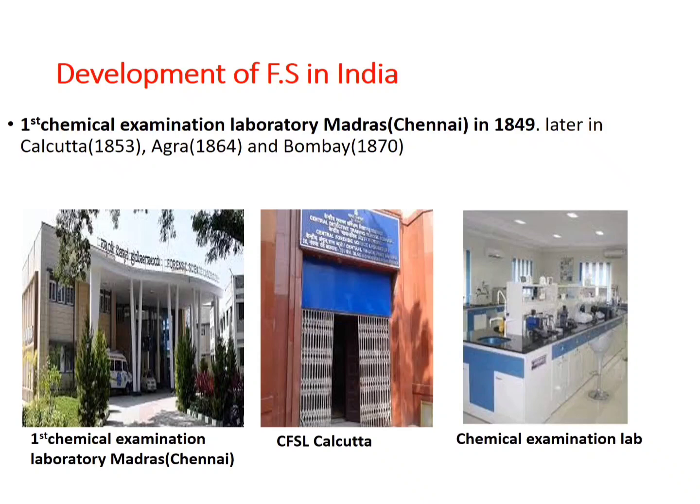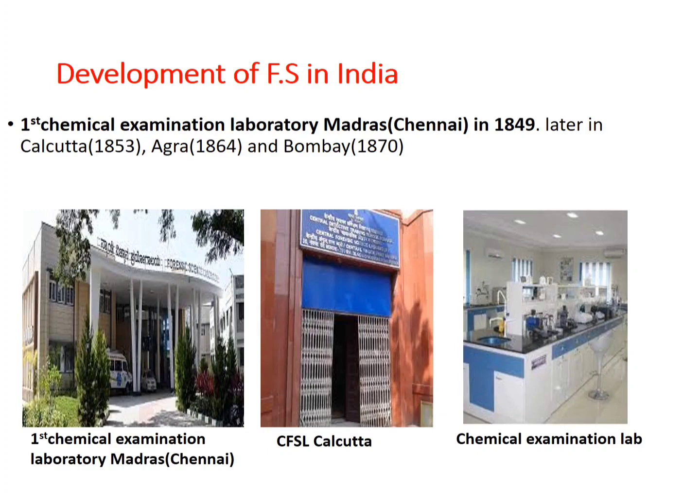But let me tell you that before the 19th century, when forensic science was in its infancy stage, techniques of isolation, detection, and estimation of poisonous substances from the human body were not possible, which led to deaths because of poisoning, and it became a serious problem for law enforcement agencies. This led to the establishment of the first chemical examination laboratory in Madras in the year 1849.